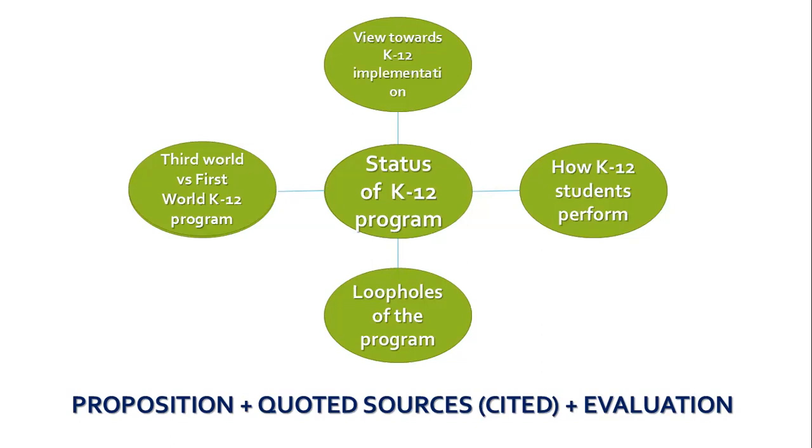Again, each of these concepts here from 1, 2, 3, and 4 should have their own proposition, quoted sources, and evaluation. And of course, you have to summarize them with the purpose of your study as your concluding statement of your research. How are they now connected with one another, and how can they be of great help in developing the main goal or the main objective of your research? Ganoon ginagawa ang research. Hindi ang patsap-patsap lang.